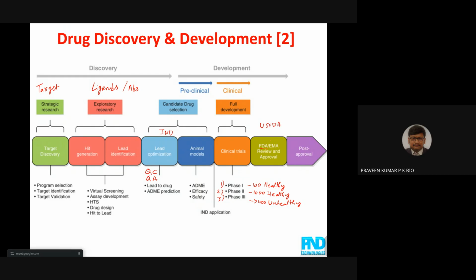If the drug clears up to the phase three trials, the drug manufacturer can apply to the US FDA, or they can also apply to the EMA, the European Medicines Agency. We can try either of these based on whether they want to export to the US or European countries. Okay, and this is how you can see these are the stages or phases of drug discovery and development.